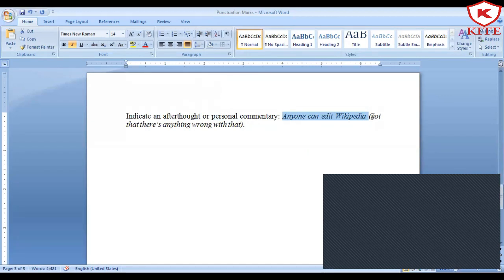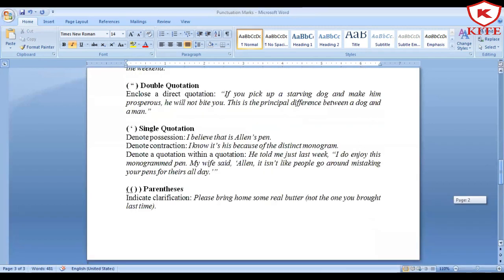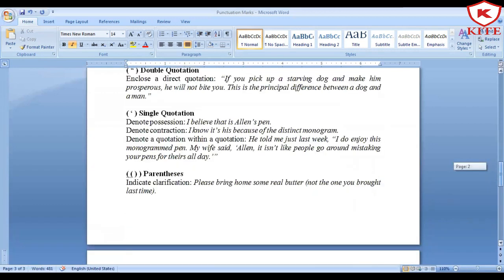What is he saying? Not that there's anything wrong with that. Anyone can edit Wikipedia, but the speaker is saying there is nothing wrong in that. So the personal commentary is added in the bracket. So these kinds of personal commentaries are called what? They are called parentheses.